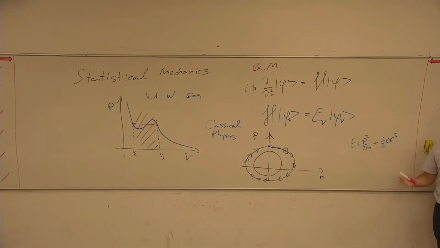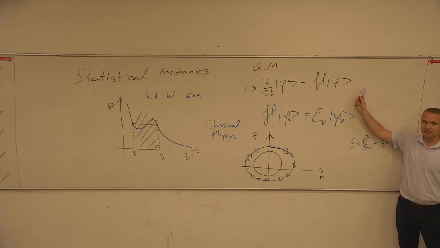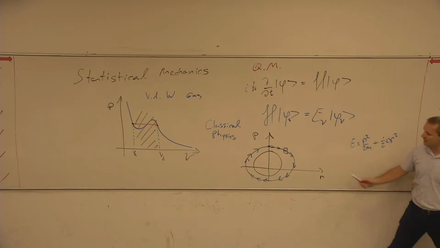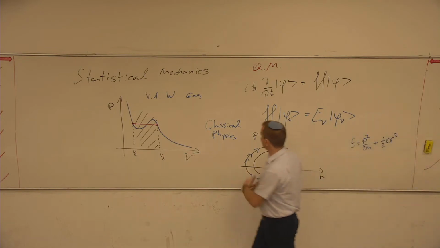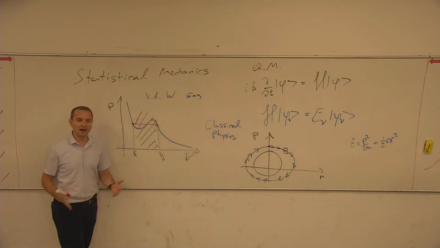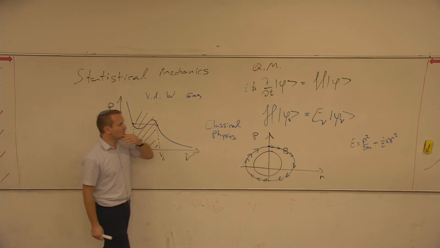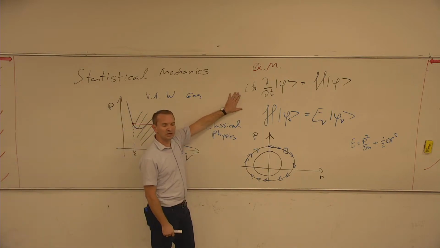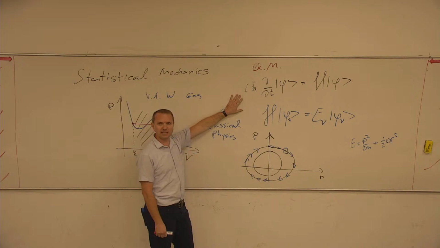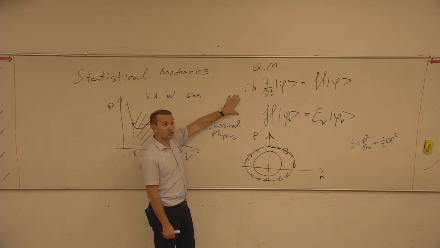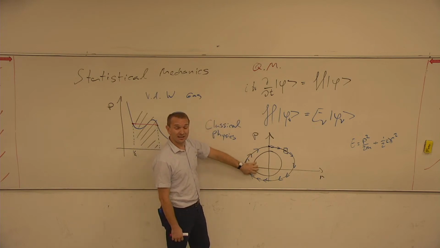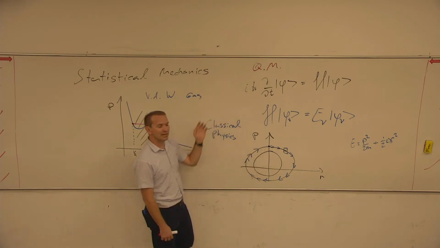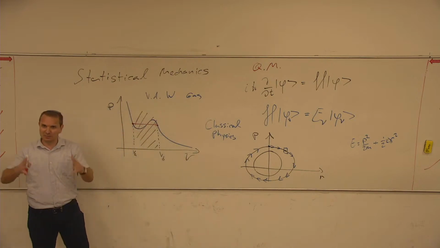So the point is that I can describe states for quantum mechanics, and I can describe states in a classical system. The problem with this description is that there is a huge number of states. We know how to solve very specific examples in quantum mechanics, which are more or less this oscillator, maybe a hydrogen atom, and maybe some other examples.